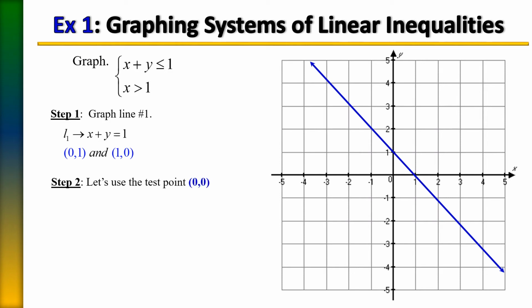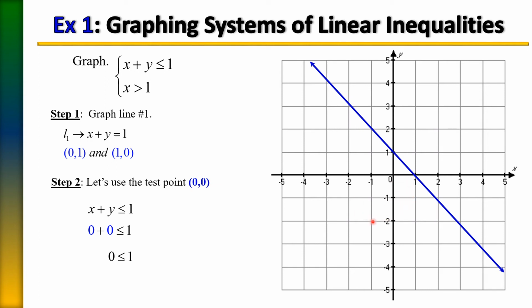Remove x, remove y, replace them both with a 0, and then let's read the statement. So what we have here then is 0 is less than 1. That is a true statement. So that means the side where the test point was, notice that is your lower region.